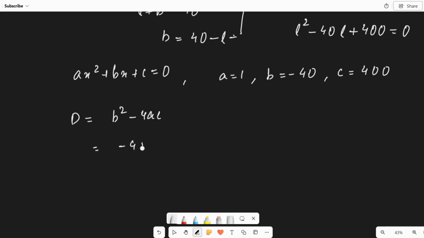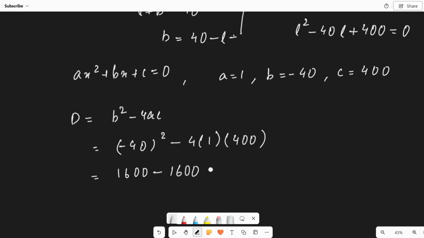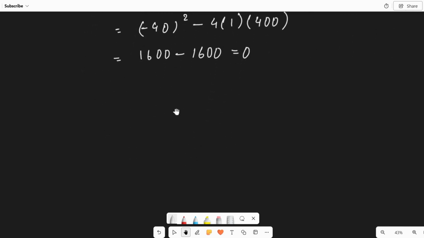So minus 40 whole square minus 4 into 1 into 400, that actually becomes 1600 minus 1600, that is 0. So we come up with the point that the discriminant is equal to 0, that is b square minus 4ac is equal to 0. So in this case we know that the equation will have equal and real roots, and yes, the given situation will be possible.